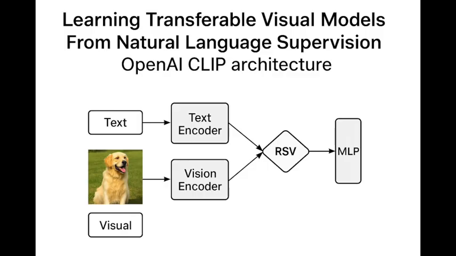Okay, so what about the image encoder? What were they using for vision? They tried a couple of things. High-performing convolutional networks, specifically ResNet variants. They incorporated some known improvements, often called ResNet-D, which tweak things like pooling. And crucially, they replaced the standard final step of global average pooling with an attention pooling mechanism. Attention again. So instead of just averaging features across the image. The model learns where in the image it should focus its attention to generate the final image vector.